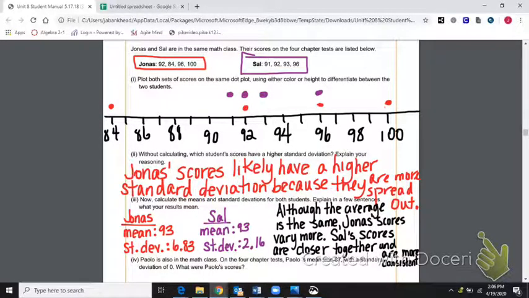Our final question in this first section adds in another student. The student's test average is 87 with a standard deviation of 0. Well, if our standard deviation is 0, those scores aren't moving away from our mean, which means that all of the scores must be 87.